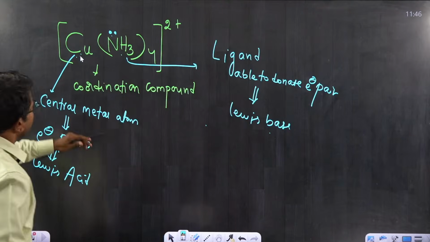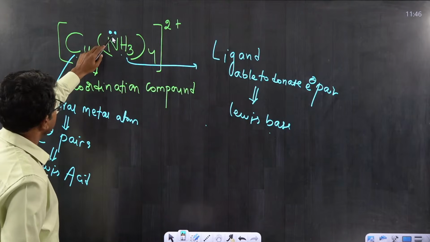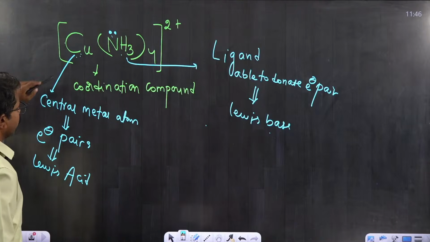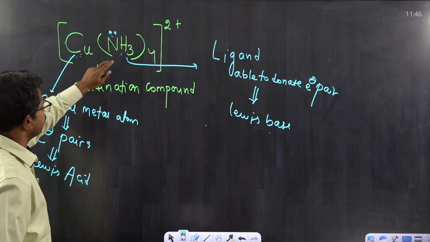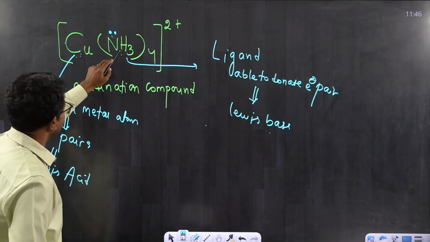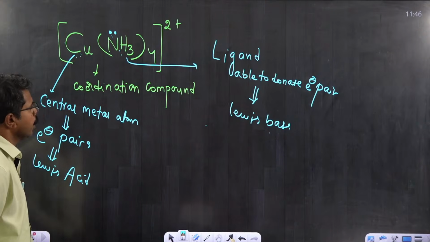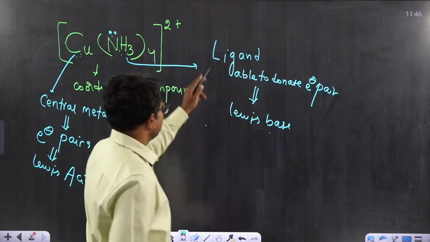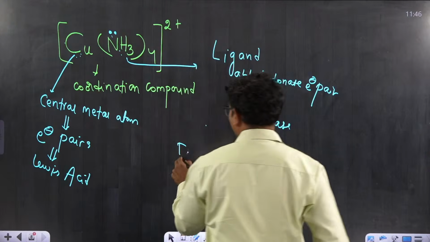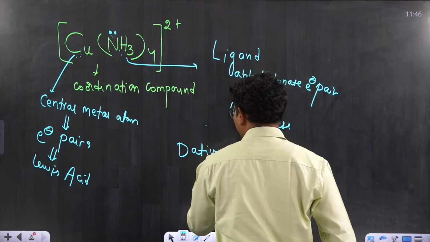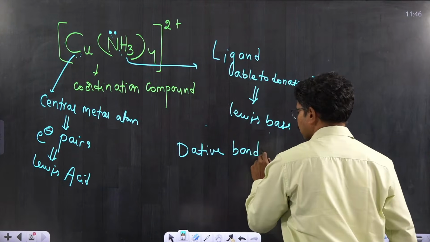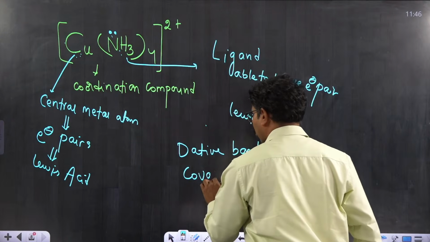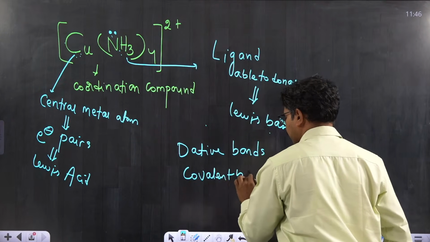One atom has a lone pair, the other atom has a vacant orbital, hence we can expect a dative bond between ammonia and copper. My question to you is, in this compound we need to count the total number of dative bonds and the total number of covalent bonds.